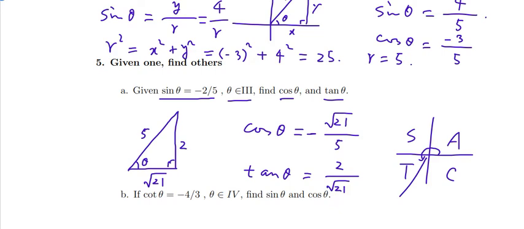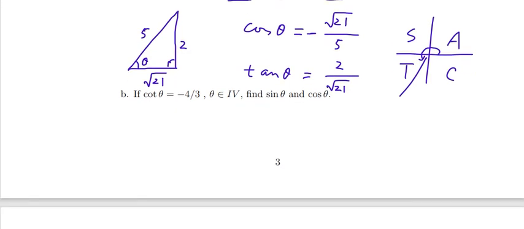Okay, so in the exam, this is a typical problem. Like in this exam 3 and in the final exam, we may have those kinds of problems again, right? So given one, find the others.